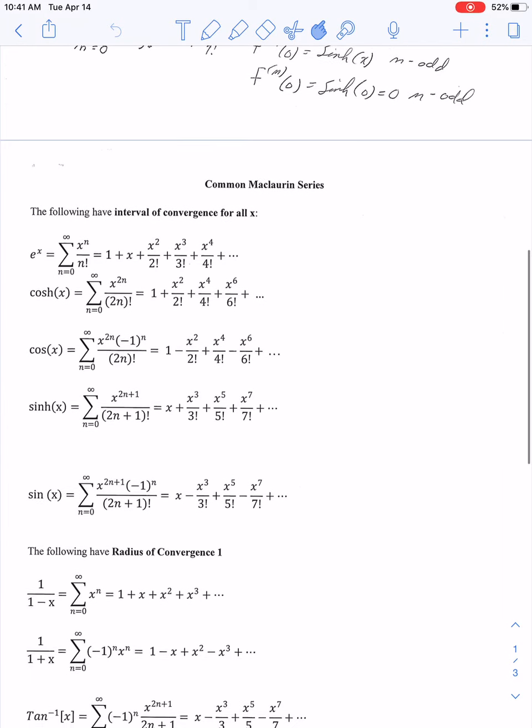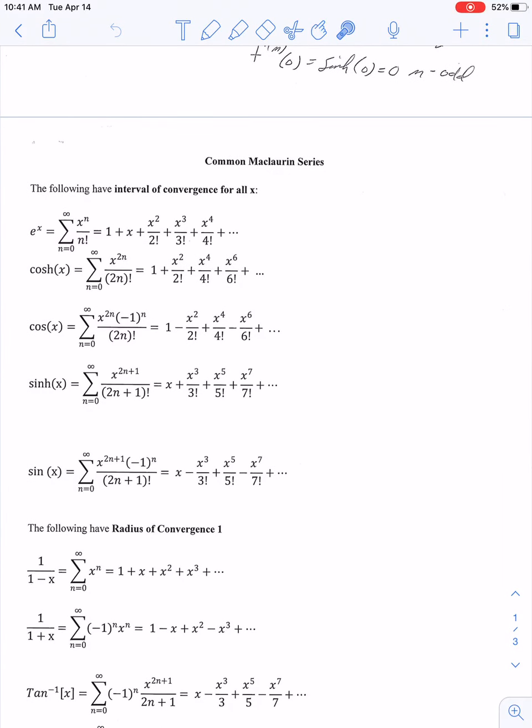By the way, when we talked about power series, we saw the interval of convergence, right? What x's do these functions converge at? And we determined interval of convergence by using the ratio test.